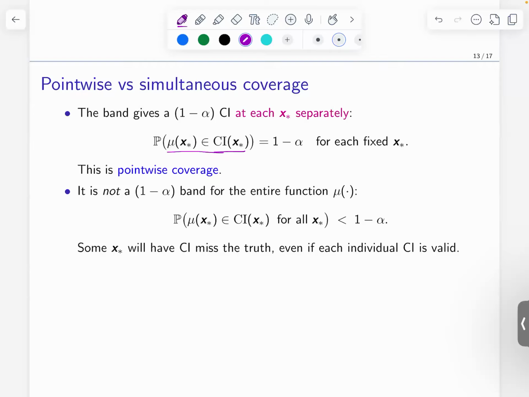So if I fix x star, this holds. This is called pointwise coverage. It doesn't tell me this other thing: if I wanted an interval such that the probability that mu of x star belongs to the confidence interval for all x star simultaneously is 1 minus alpha. This is a much stronger statement.